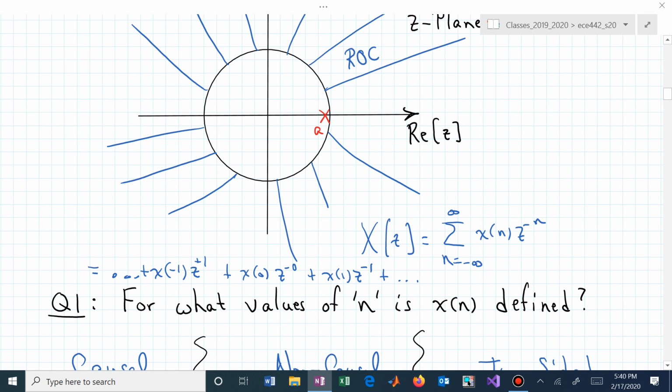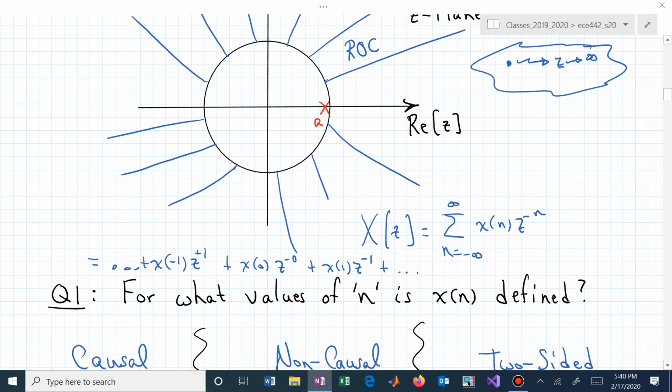Then I would say, okay, let me look at an extreme value of z that belongs to this region of convergence, that's in this shaded region. Here's a point, and in fact, that point could go all the way off to infinity. That's going way out there, z going to infinity.